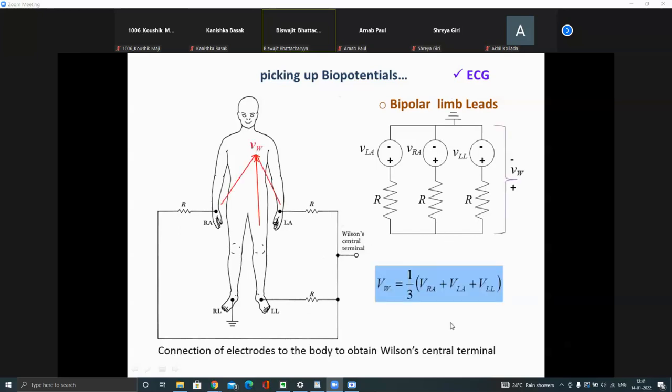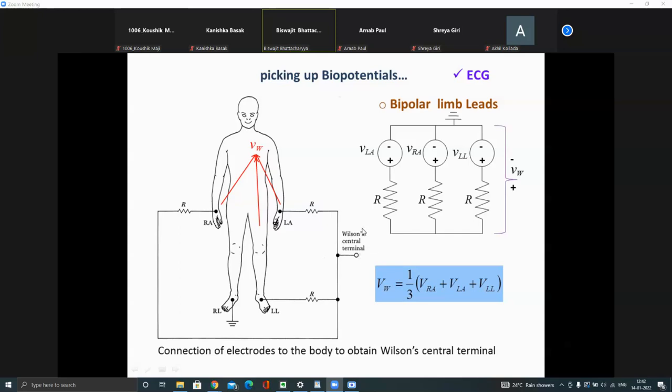VW is what? VW is called the Wilson central terminal voltage. This voltage is actually the average of the three voltages. If we apply node analysis at that particular node, we get that voltage, VW, the Wilson central terminal voltage.